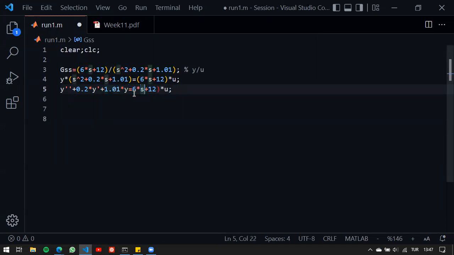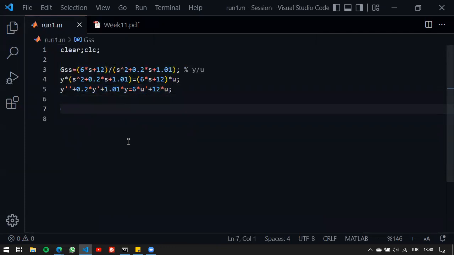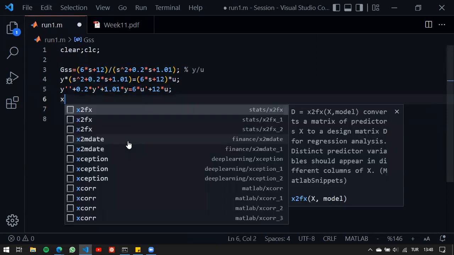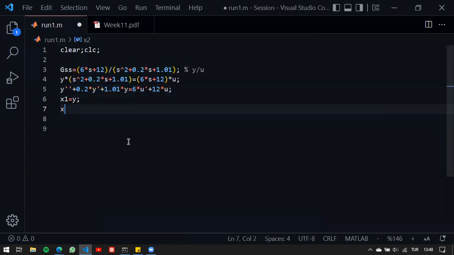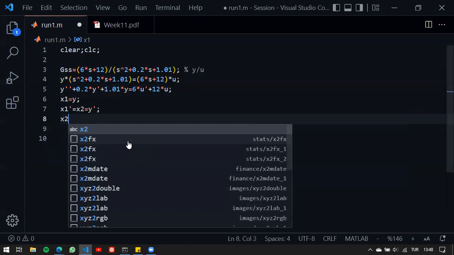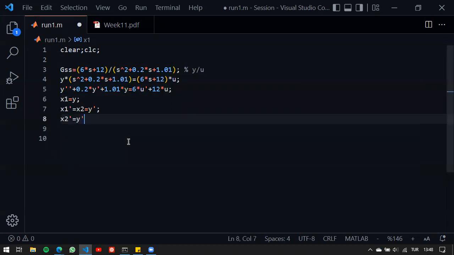And here I'd get 6 times u derivative plus 12 times u. Now, if I'm defining x1 equals y, x1 derivative equals x2, which is y derivative, and then x2 derivative would be basically the second derivative of y. And that would be it.